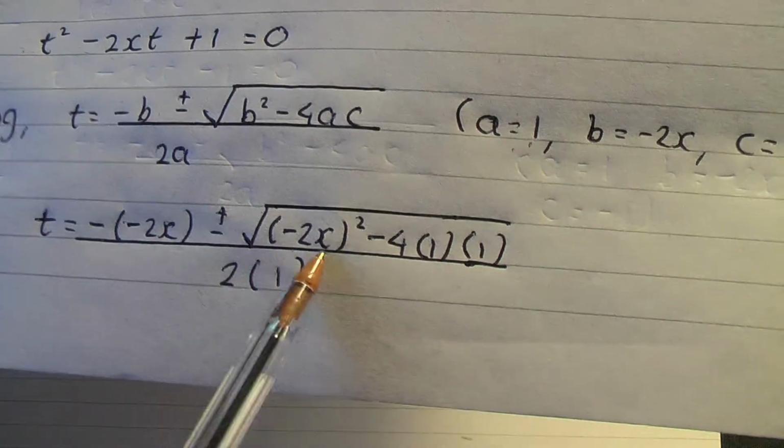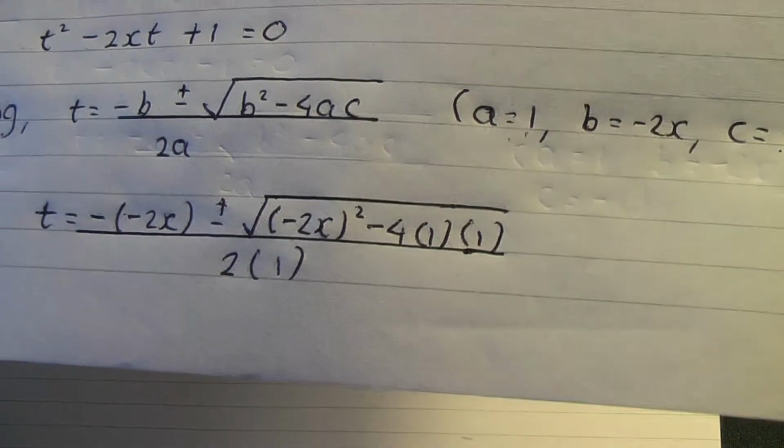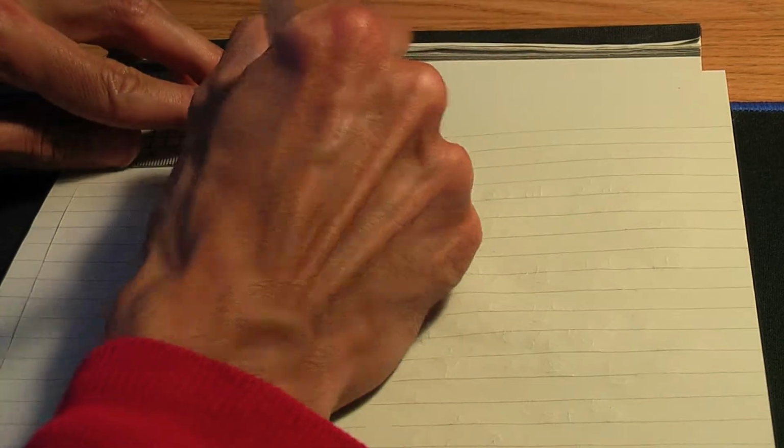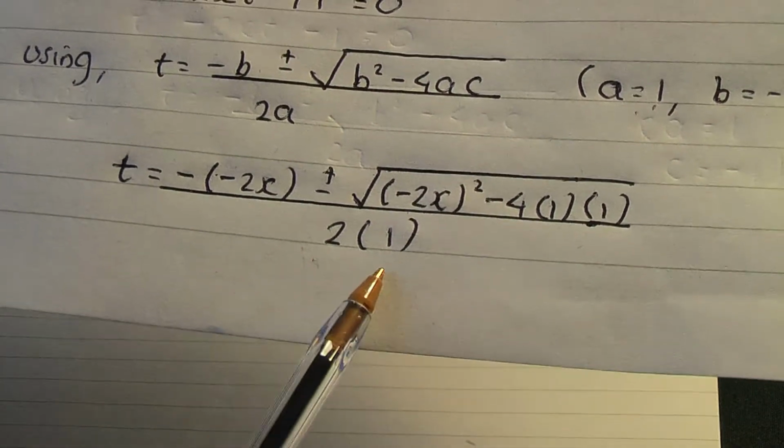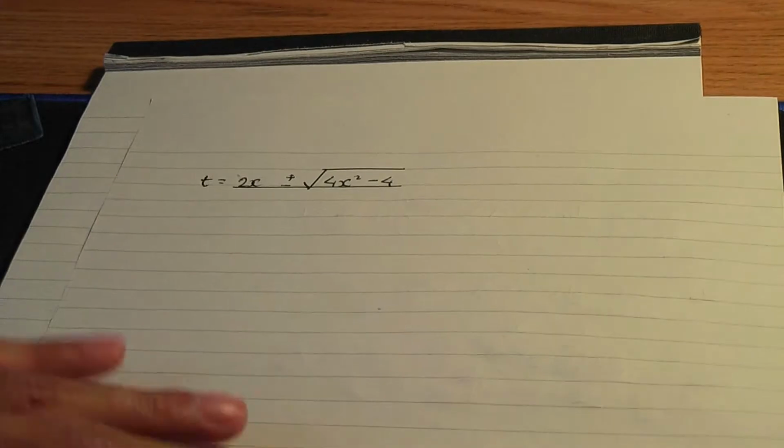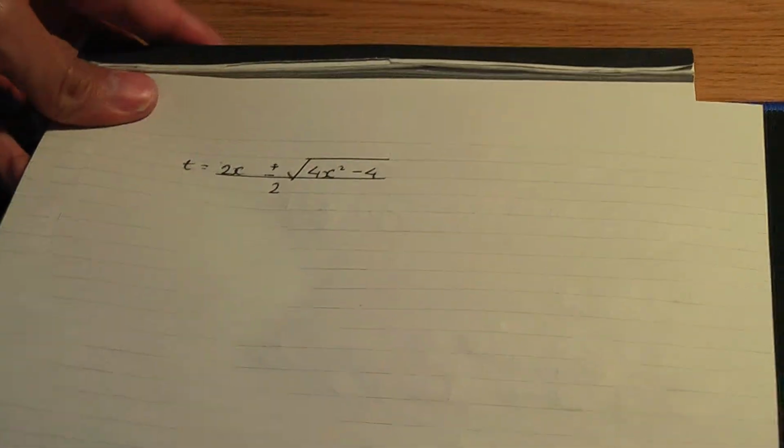So we're going to have 4x squared minus 4 under the root. So let's make a note. So 4x squared minus 4 under the square root, divided by, and if we go back to the last page, 2 into 1 in the denominator is 2. So let's make a note. So divided by 2. Okay.